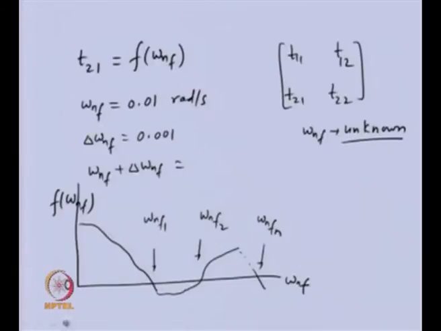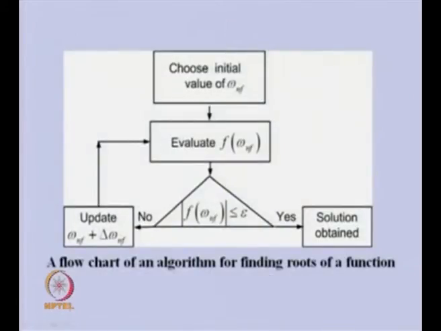This can be illustrated through this flow chart: we assume some initial value of the natural frequency and estimate the frequency equation value, and because numerically it cannot be perfectly 0, if it is a very small quantity, then that is a solution.